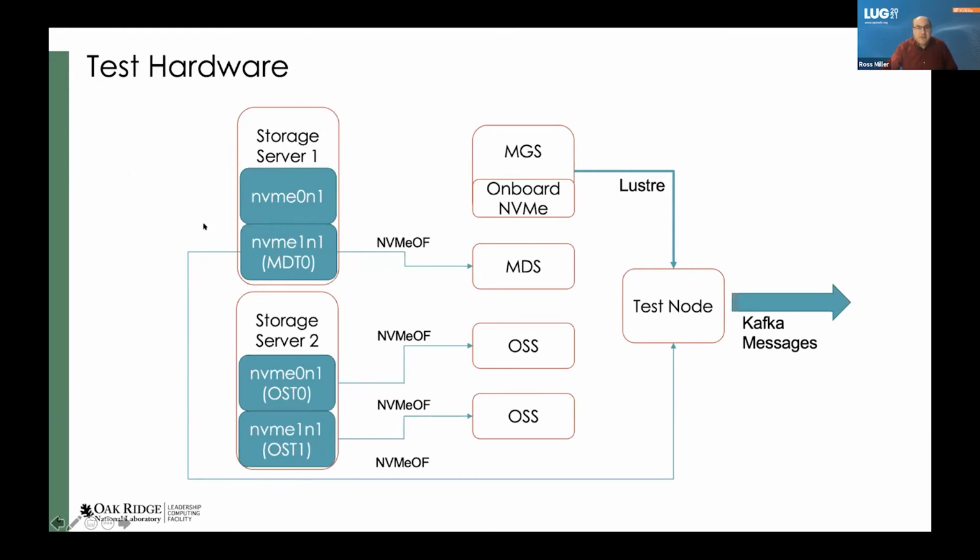And then the magic or the insanity, depending on your point of view, is this little bottom blue line where we take this single NVMe device that is being used as our MDS and mount it in a separate place on a separate server. So this test node is where we ran everything. In addition to having the device mounted over NVMe over fabrics, it also is just a regular Lustre client.